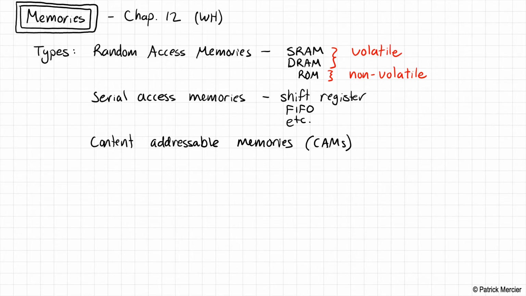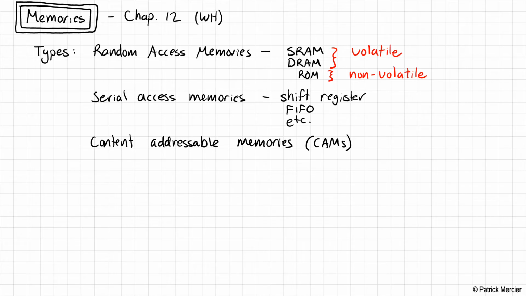In a content addressable memory, we're doing the opposite. We're providing the content, and then the memory is supposed to figure out what address it's located at. So you can imagine there are some interesting opportunities to use CAMs for search, for things like routers and so on. They use CAMs extensively. We're not going to talk about CAMs any more than that, just a brief mention.